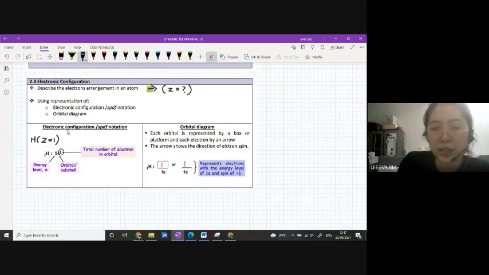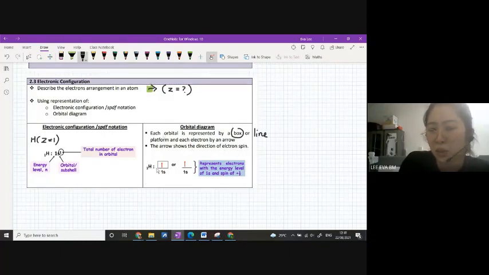So besides electronic configuration, you also need to know how to draw orbital diagrams. Each orbital is represented by a box or a platform. Here, I will use a line, and then you fill it with the electrons. The arrow shows the direction of electron spin.